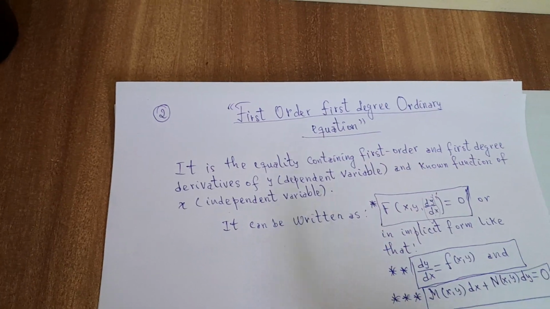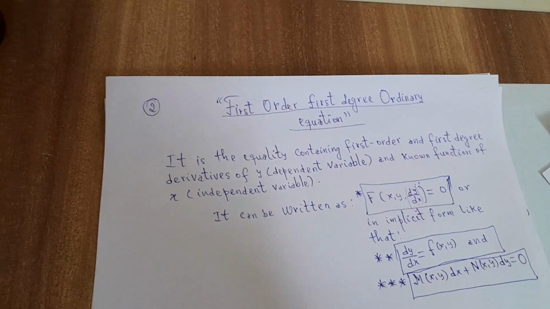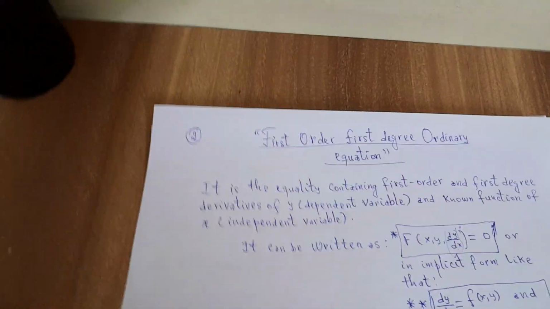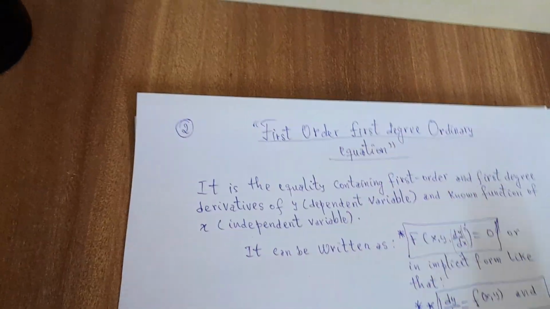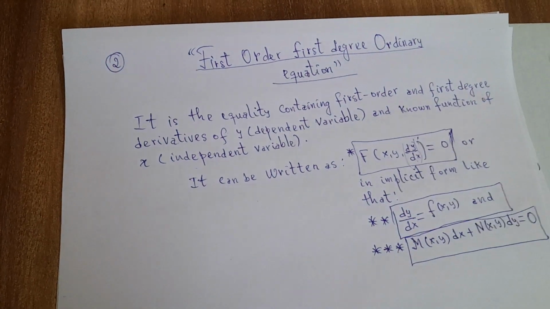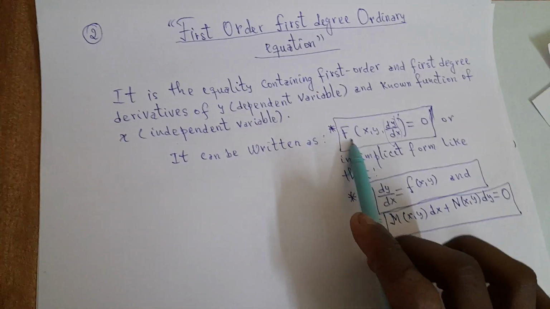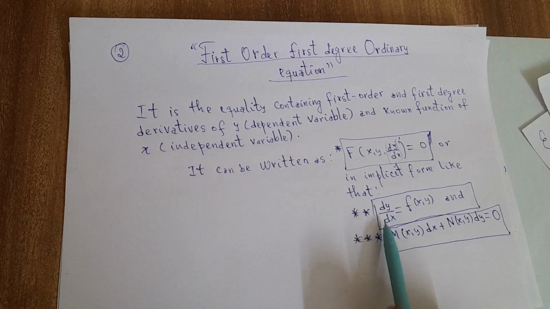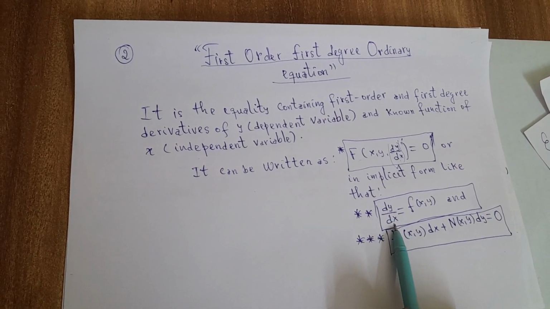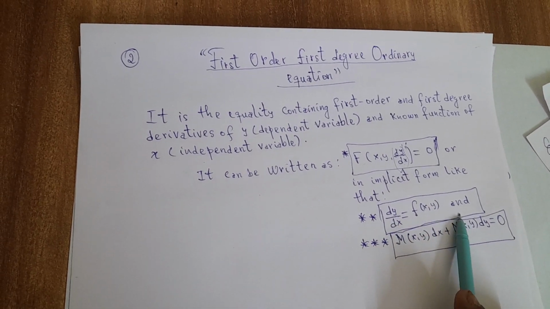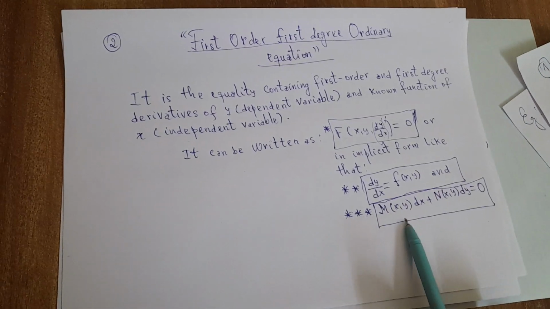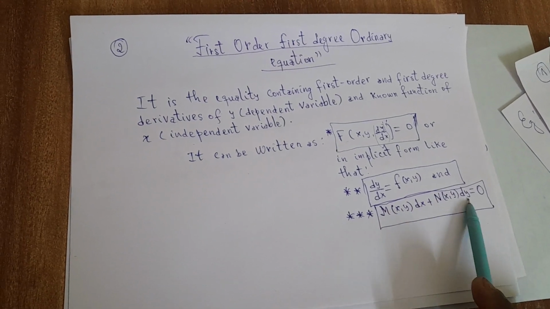So this is a first order and first degree ordinary equation. It can be written in this way, or it can be written in this way: dy upon dx equal to f of x, y. Or it can also be written in a linear way.